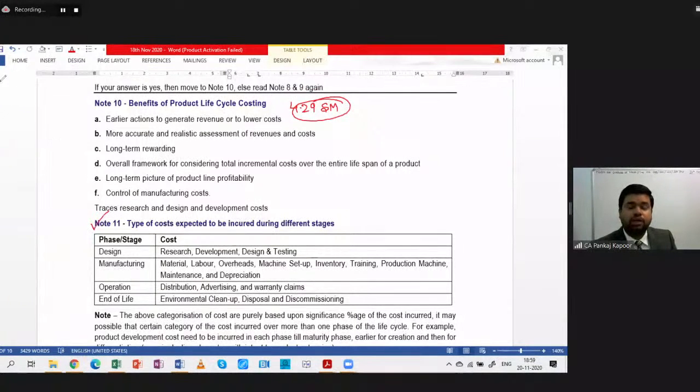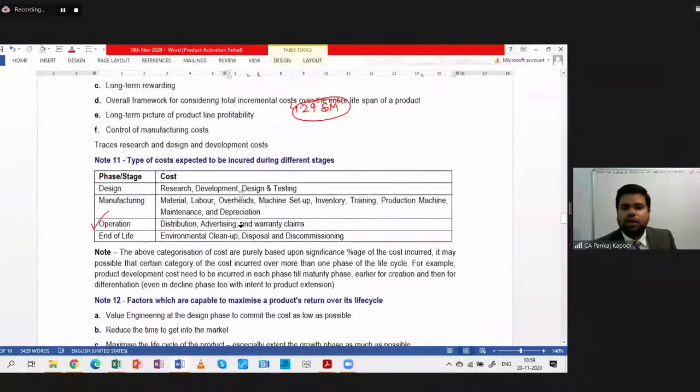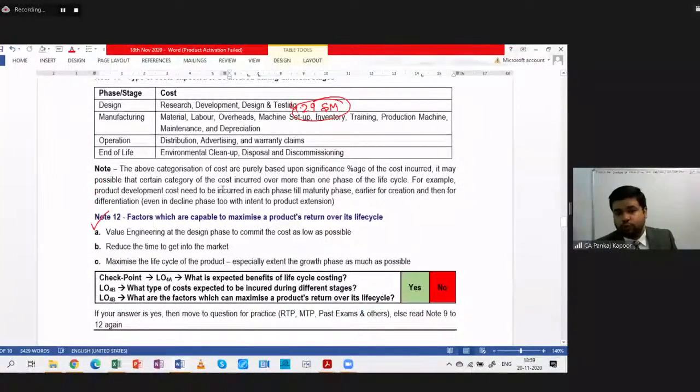The note number 11 and then afterward the note number 12, which I inserted for you, which I feel you must read because again you will find the question on this particular aspect. The note number 11 firstly we'll cover and then we'll cover the note number 12, which will answer the part 2 of the question which we were solving.